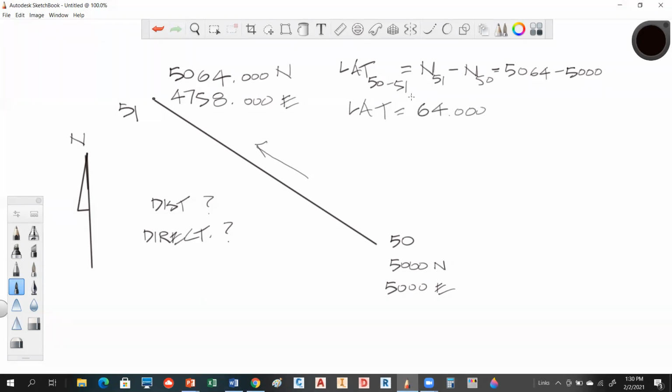And that's positive. So departure from 50 to 51 works the same way. That's going to be the easting of 51 minus the easting of 50. So notice I'm going 50 to 51, so that I reverse that.